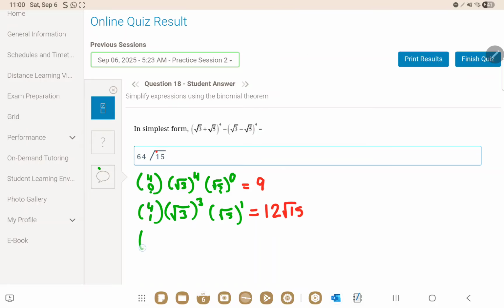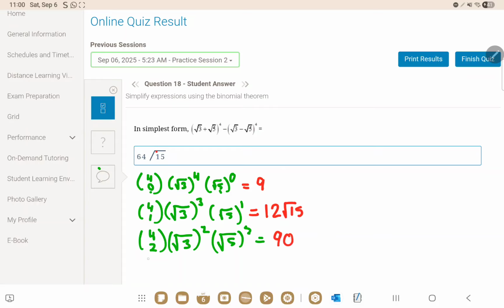Now 4C2, radical 3 squared, radical 5 squared, is equal to 4C2, I forgot, so 4C2 is 6 times 3 times 5, 6 times 15 is 90 if I'm not wrong, and yes, it is 90.